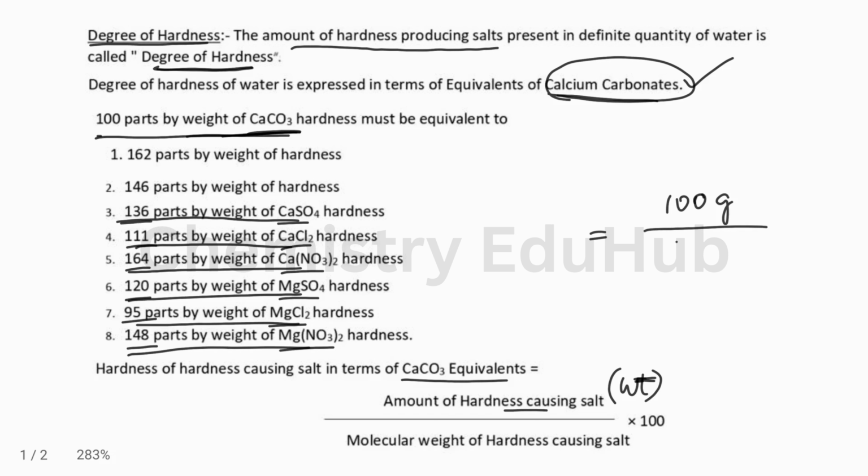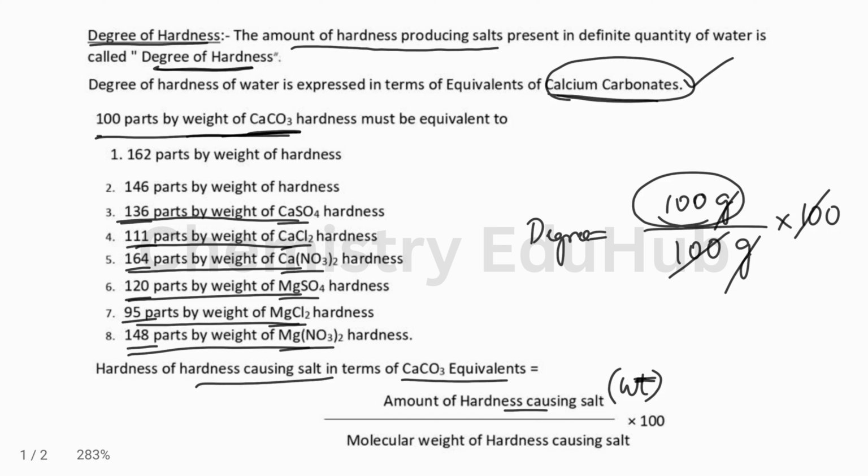It is also 100. So 100 grams into 100 over 100, the grams get cancelled, and the degree of hardness is considered to be 100. That way we calculate the hardness causing salt in terms of calcium carbonate equivalence by using this simple equation.